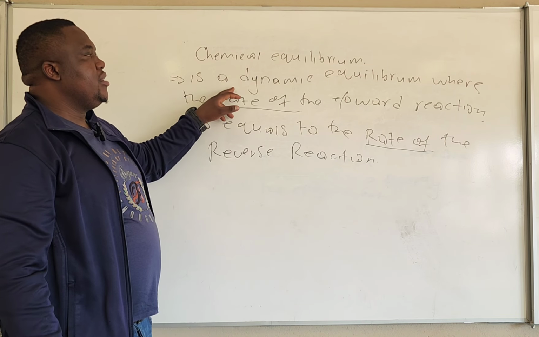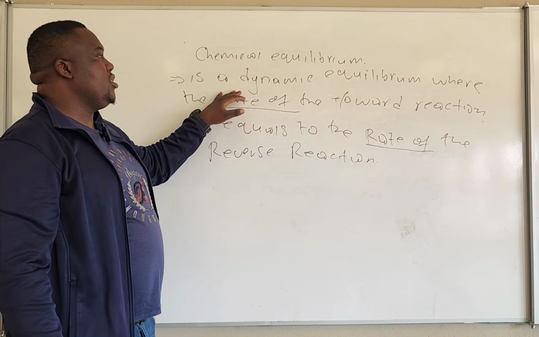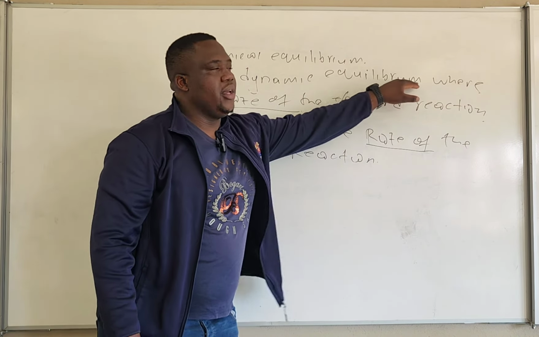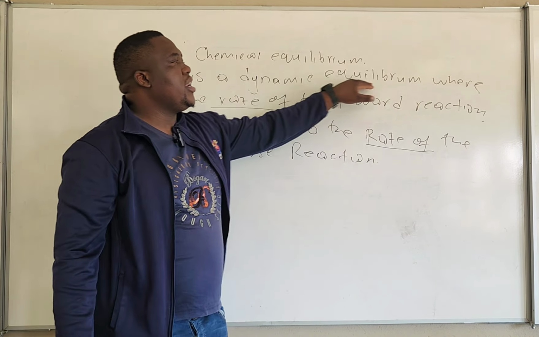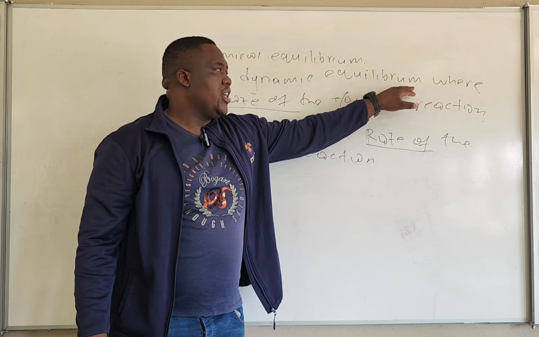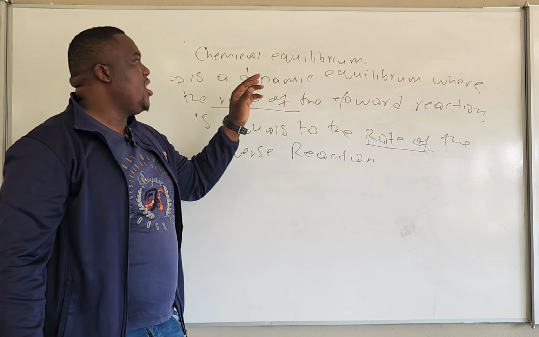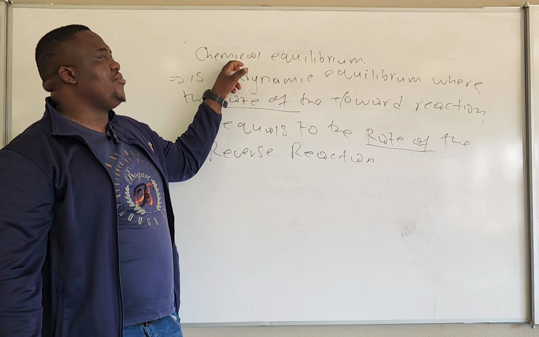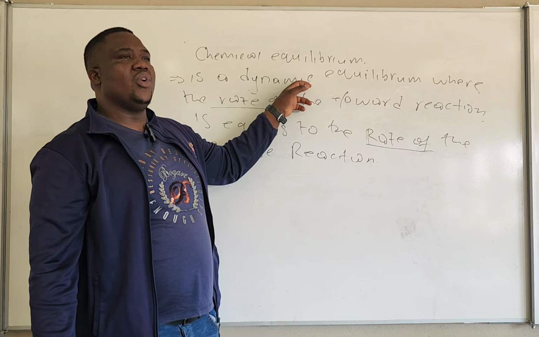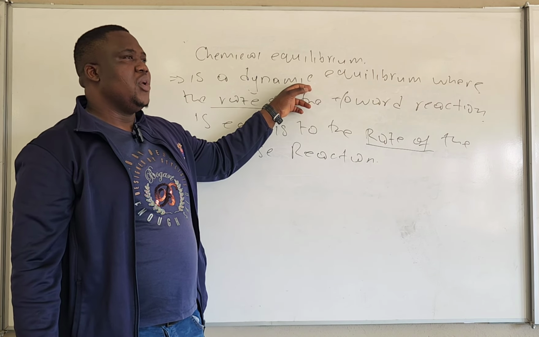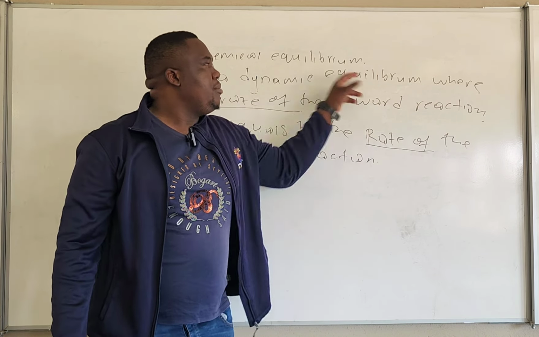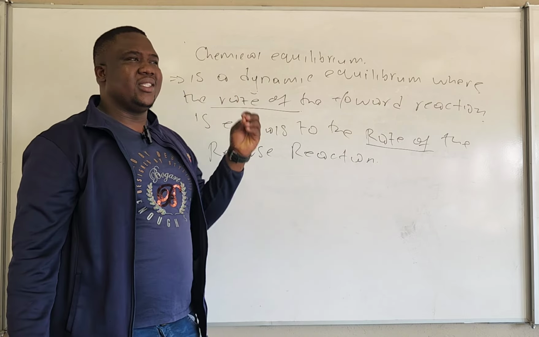Sometimes they will say, define dynamic equilibrium. I came across a situation where someone said, I understand the definition of chemical equilibrium, but I didn't know the one of dynamic equilibrium. So take note, dynamic equilibrium and equilibrium mean the same thing.